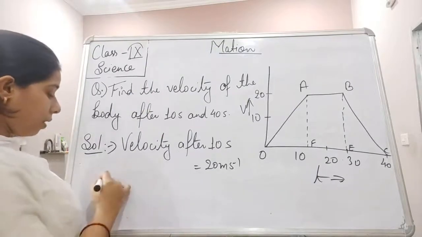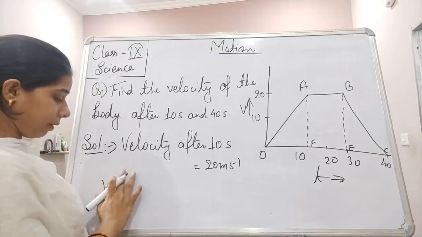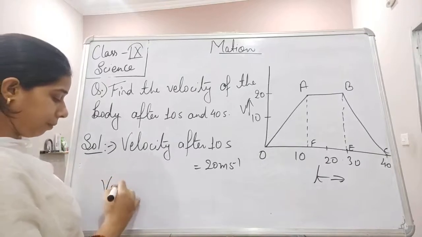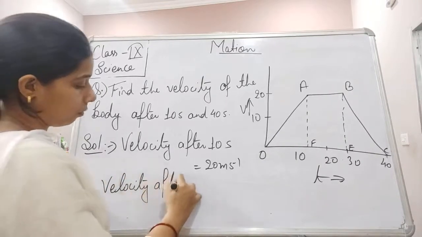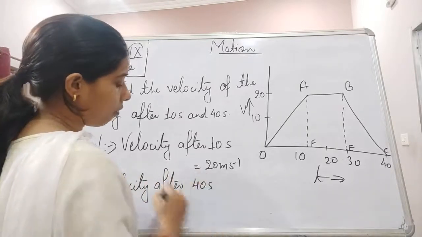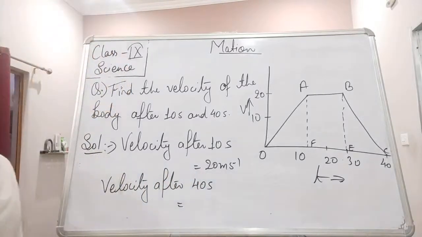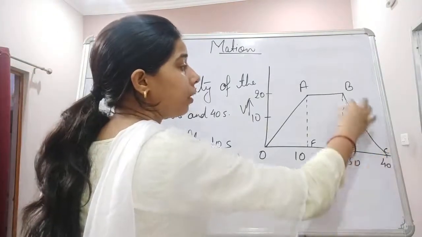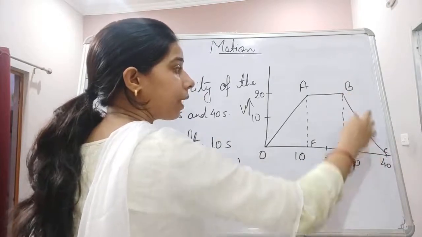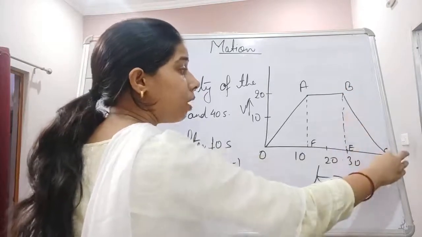And then velocity after 40 second. So velocity after 40 second will be what, students? You can see here that up to 30 it is like that, and finally it comes to 0.